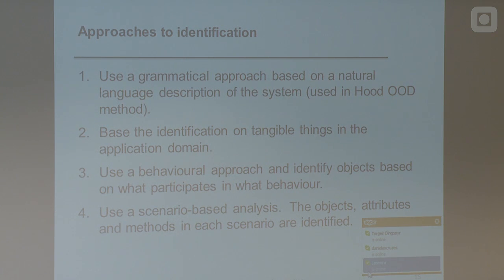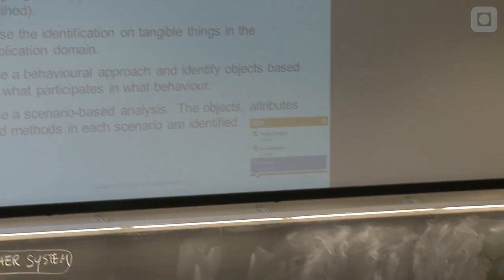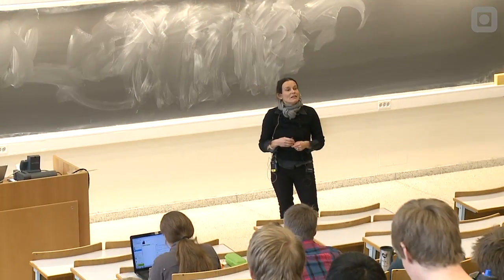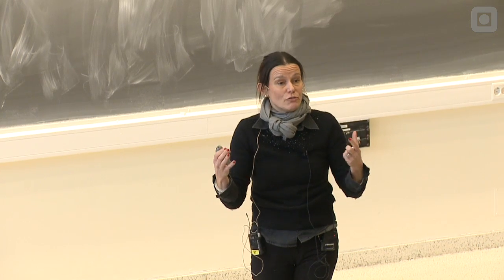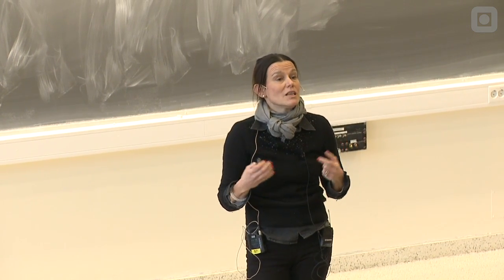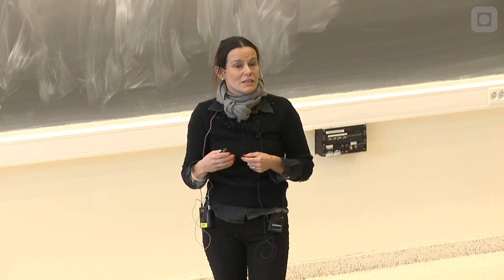In this weather station example, we derive classes and relationships by looking at the physical objects in our system. Because here it's easy somehow, we have this physical weather station, we have physical wind sensor, we have rain, we have temperature, but it's not always the case that we have physical objects that help us to derive classes and associations.